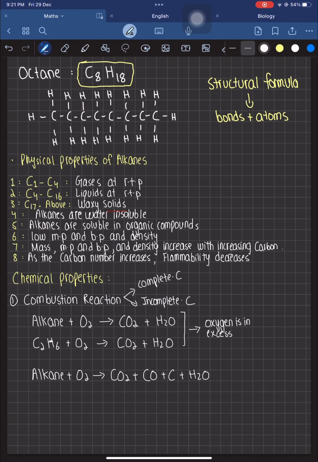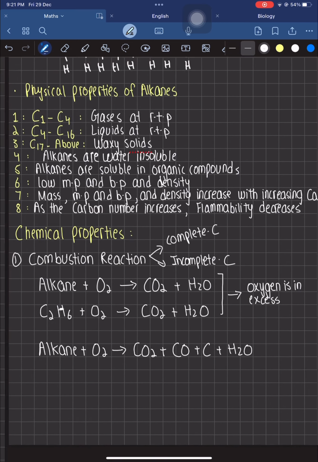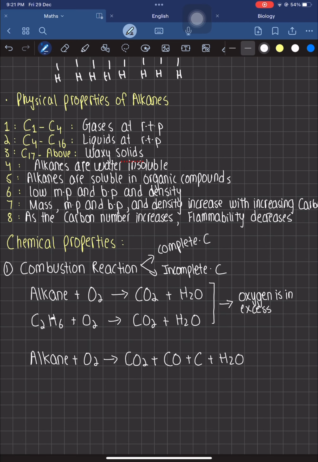That's for incomplete combustion, because here oxygen is not in excess. For example, CH4 methane burns in less oxygen, so incomplete combustion will occur. I'll get CO2 plus carbon monoxide plus carbon plus water.